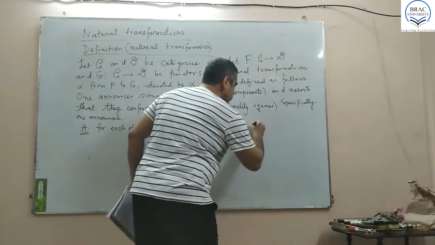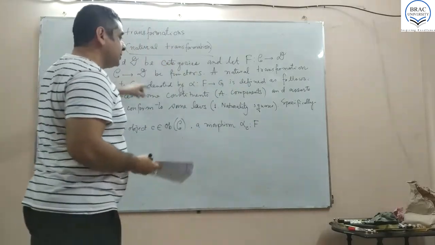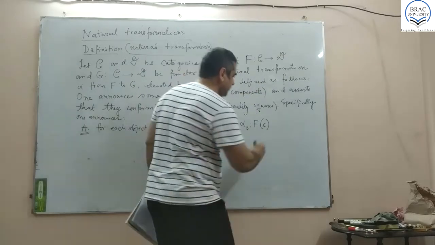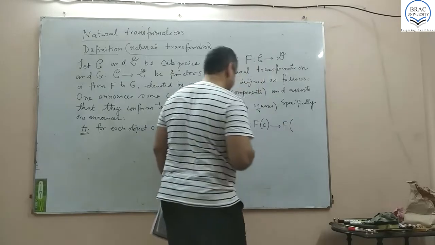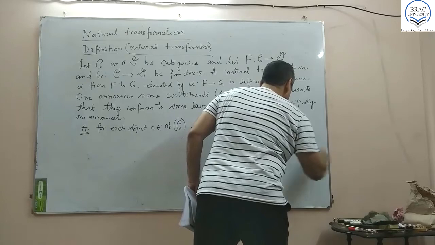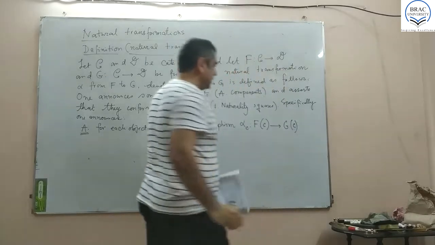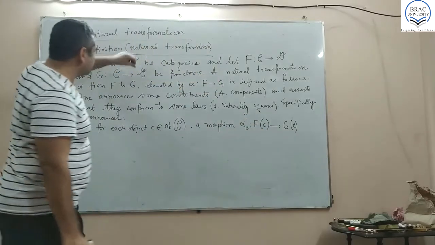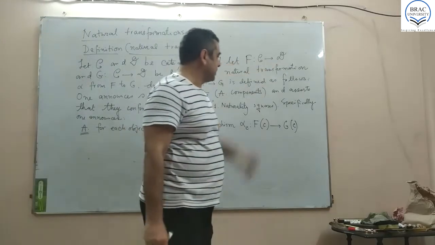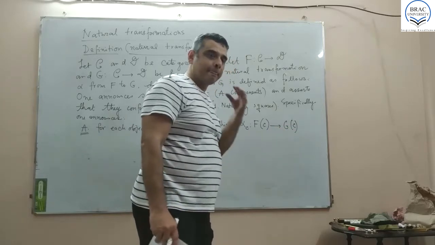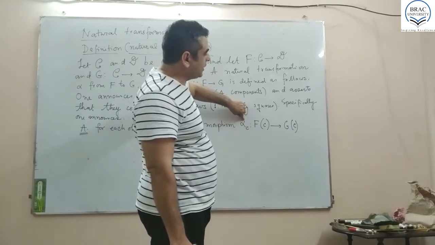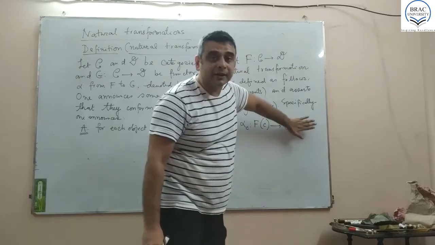There is a morphism between these two objects in the category D. FC is an object in the category D, and GC is another object in the category D, because F and G are functors from C to D. So alpha C is taken to be a morphism in the category D.